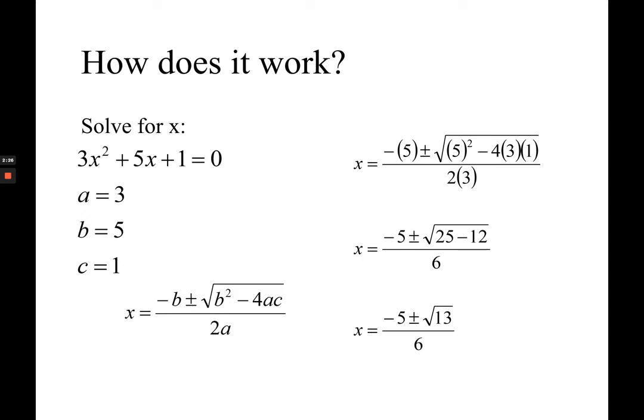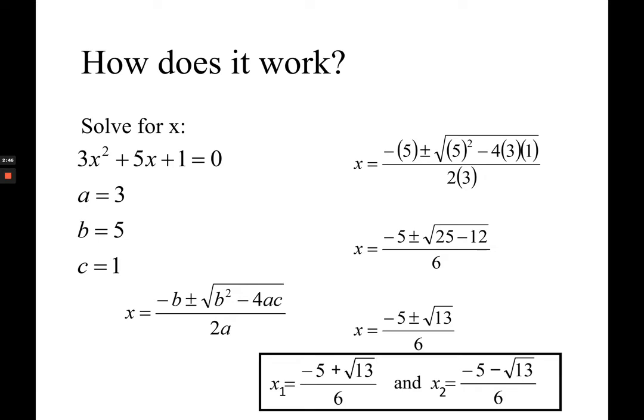Since we cannot simplify that further, to show that there are actually two solutions, you can write it separately, where the first one has a plus in between, negative 5 plus the square root of 13, and the other root or solution is with a negative.